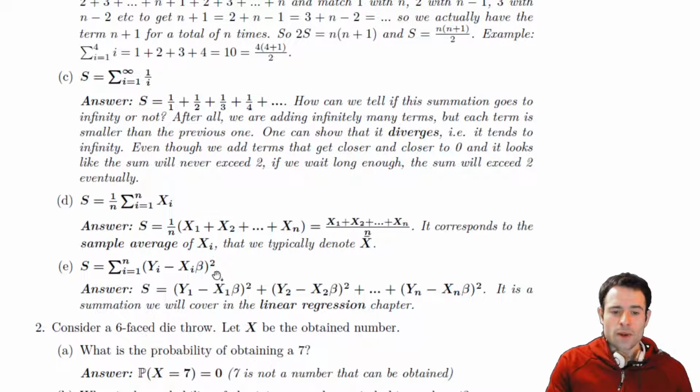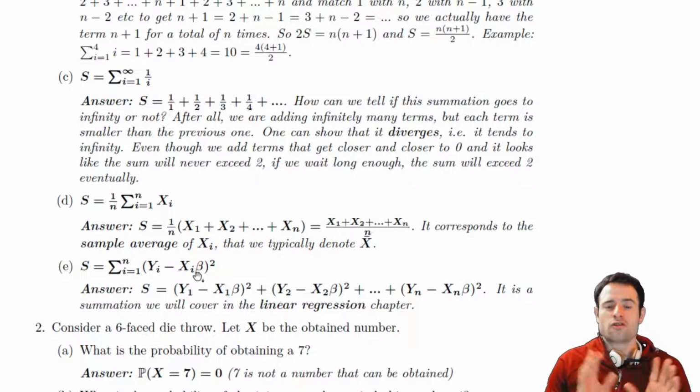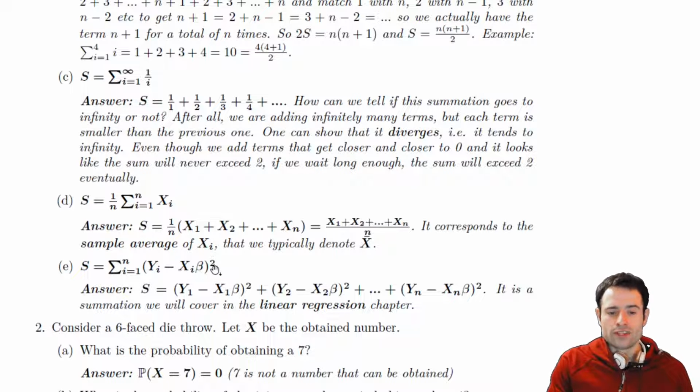The last one I want to talk about for this tutorial is going to be used later on in the semester once we talk about linear regression. I don't want to explain to you what this means right now, but you will very soon understand what it means. Here I have a variable y, and I do yi minus xi times a number beta. Beta is just a fixed number, like a above, or alpha, whatever number it would be. And then I take the square every time.